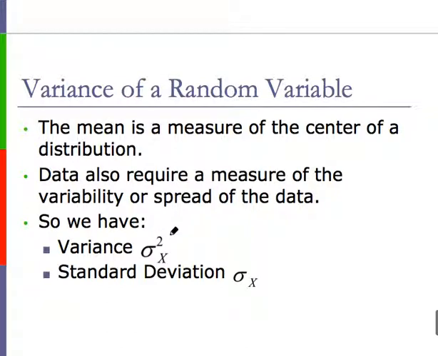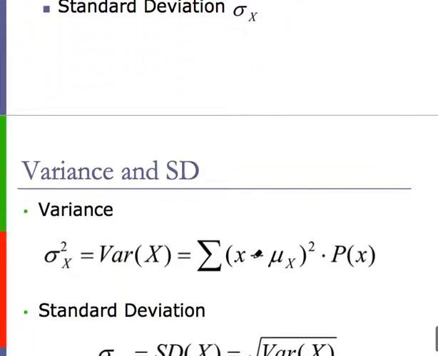So how much does it vary, and how much is it spread around the mean? The symbol we use for variance is sigma squared, and the standard deviation is the square root of variance.